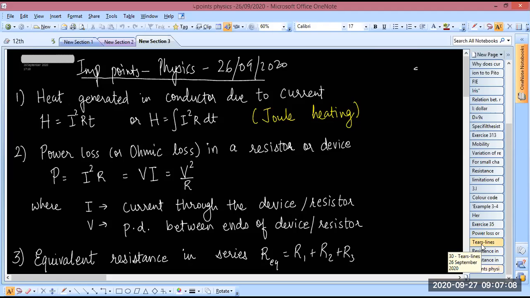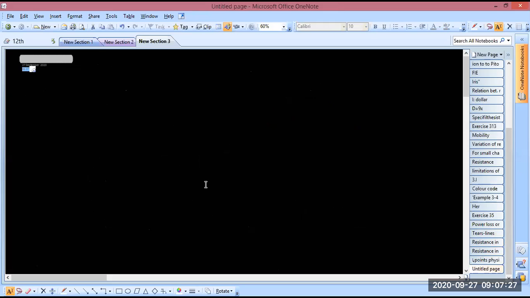And now let's solve a question from the exercise. And that question is 3.3. Question 3.3 from the exercise. So please read the question. I will just copy it over here and then we'll get started.